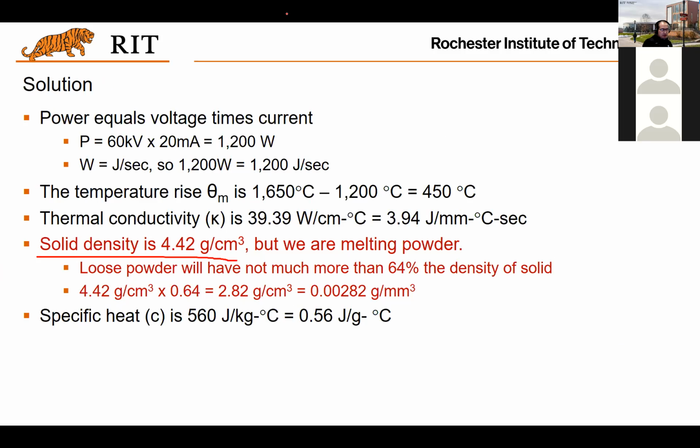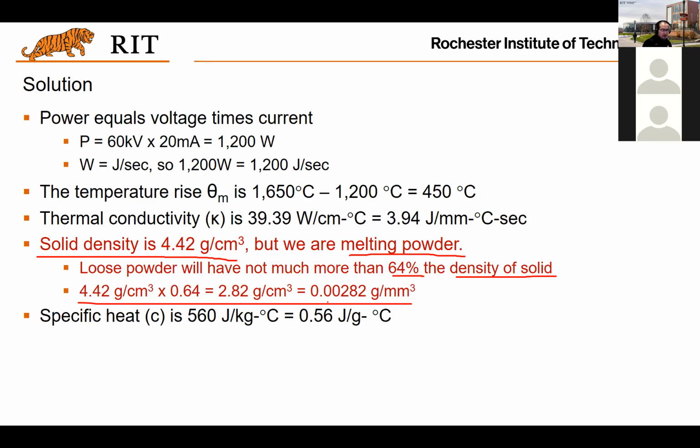What you're going to do is figure out the melting powder's density, which is some percentage of the solid density. In this case, we use 0.64 as the ratio, and you will have a melting powder density like this, and use this to do the computation. All right.